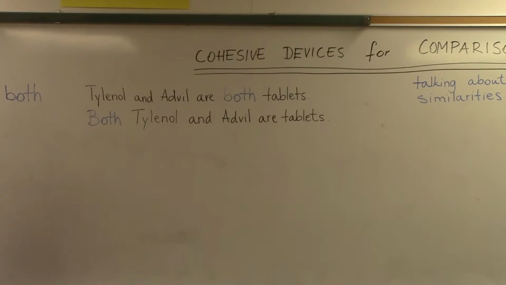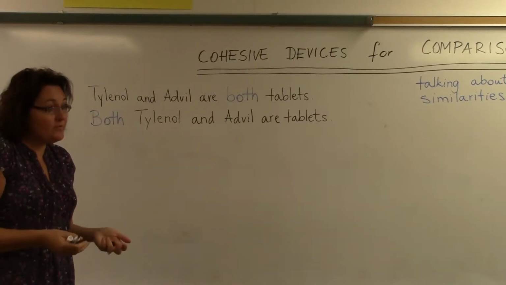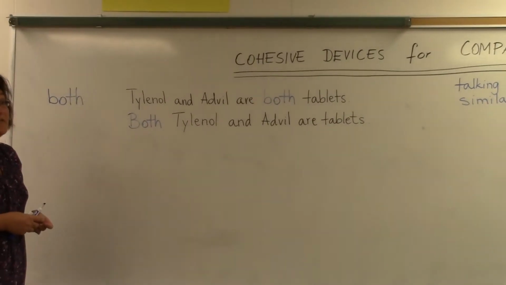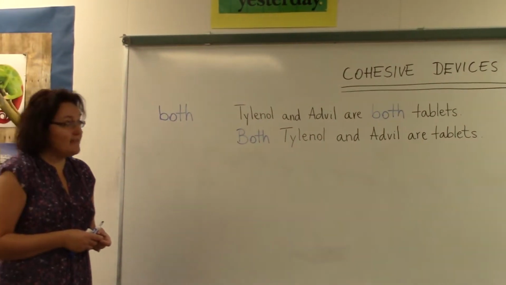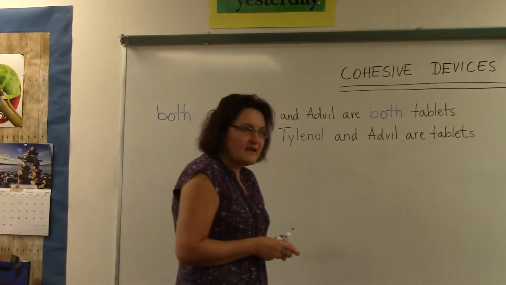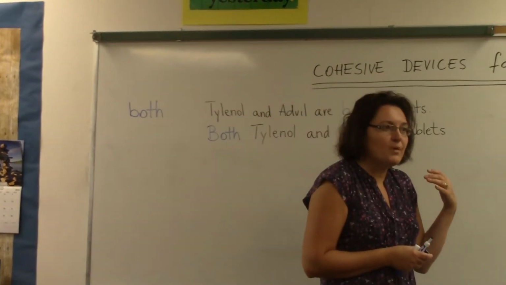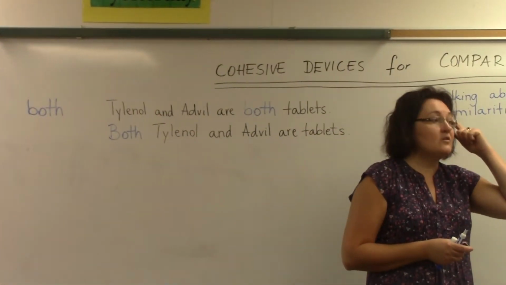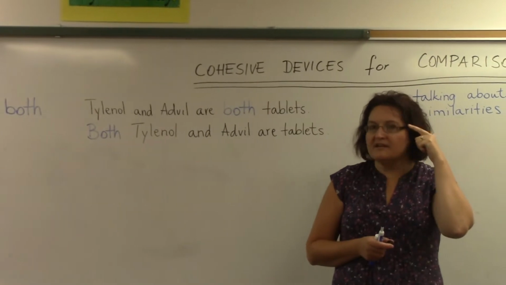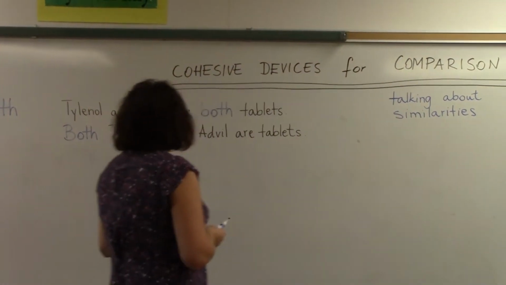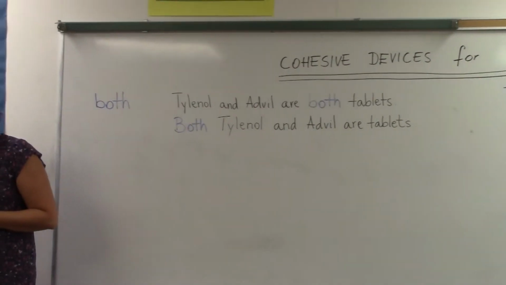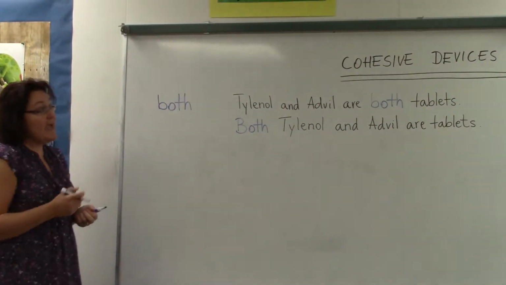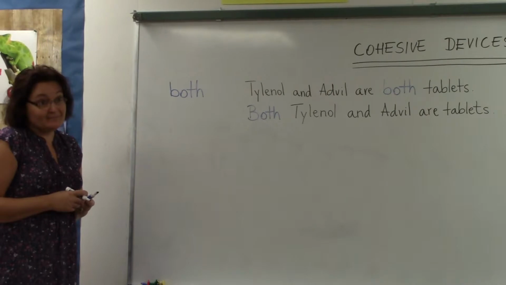Both is a cohesive device. Both is one of the words that can help us understand that the speaker is telling us about similarities. As soon as I hear the word both, I think comparison, similarities, okay? Another one that we can use is the adjective similar.